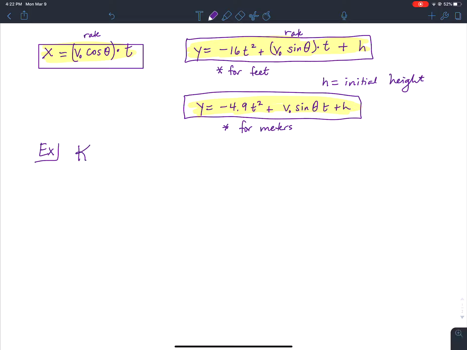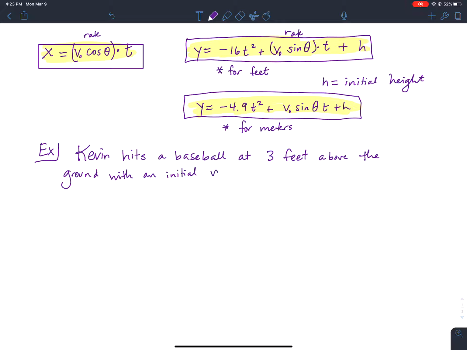I'm going to have Kevin hit a baseball at 3 feet above the ground with an initial velocity of 150 feet per second at an angle of 20 degrees.